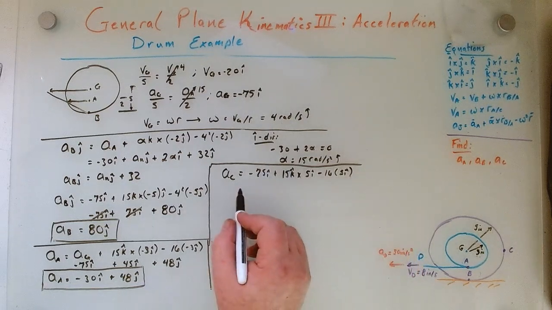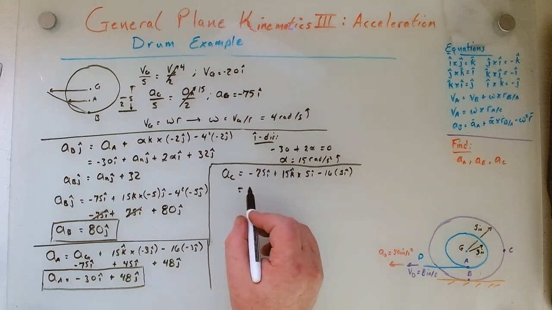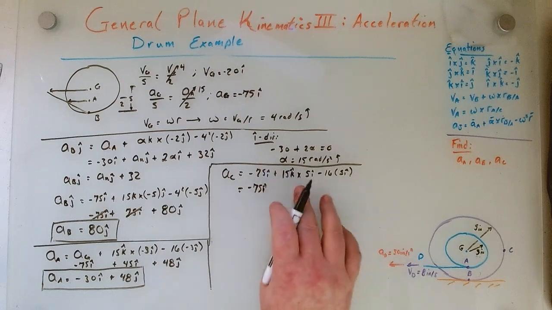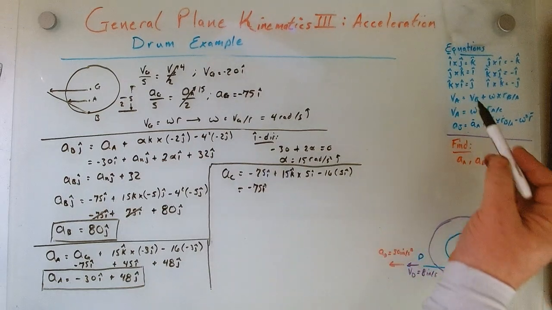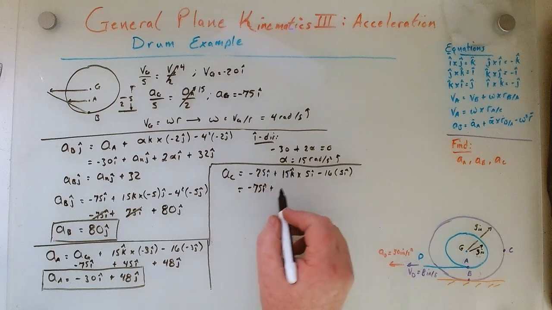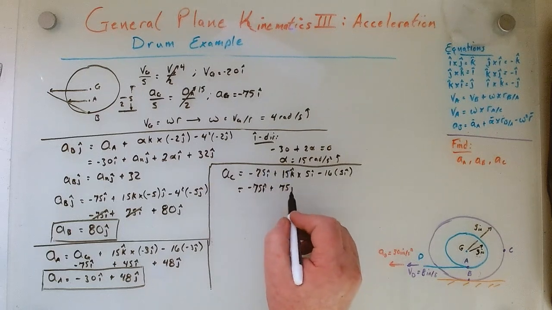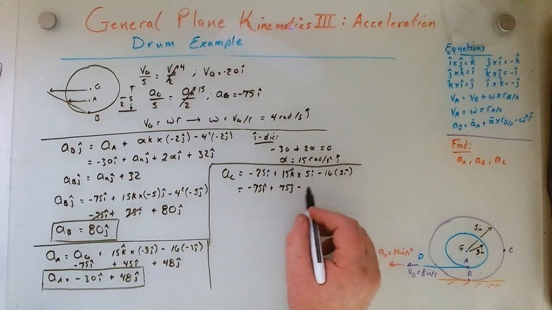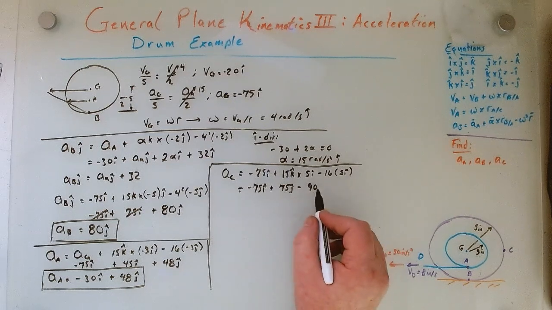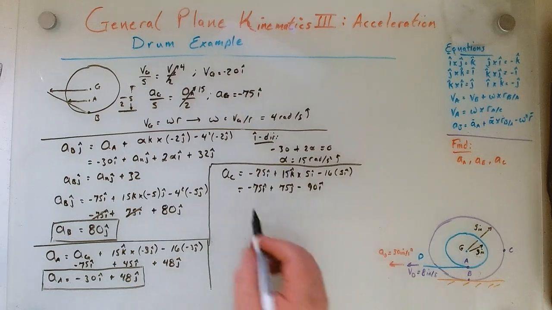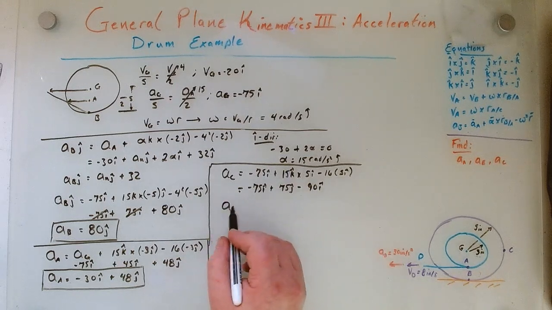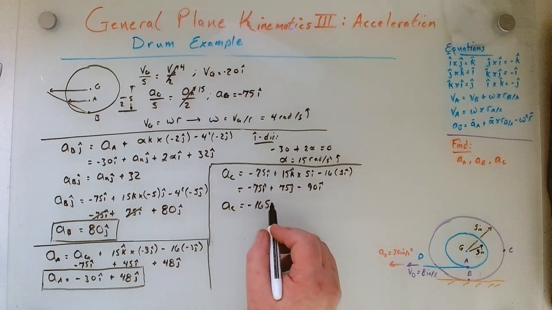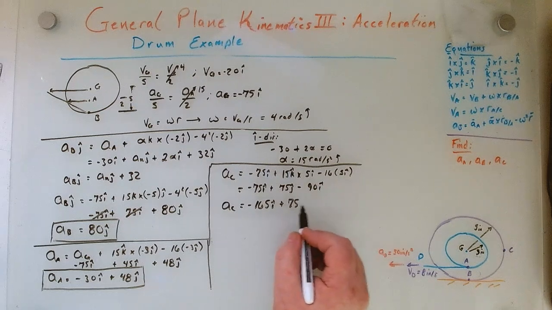So this equals minus 75i, and then that is 75, k cross i is j, so plus 75j, and then minus 16 times 5 is 90, so minus 90i. So that looks like a sub c is minus 165i plus 75j.